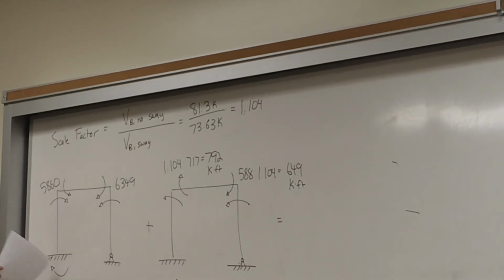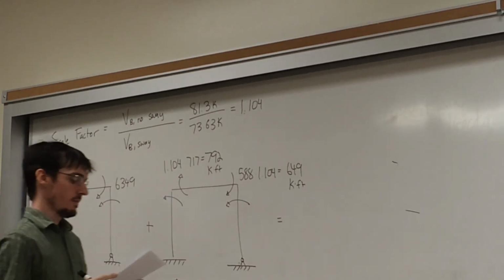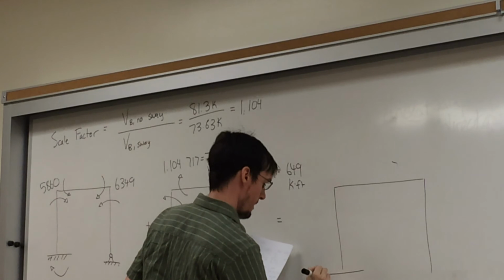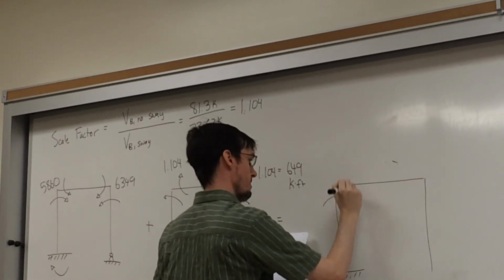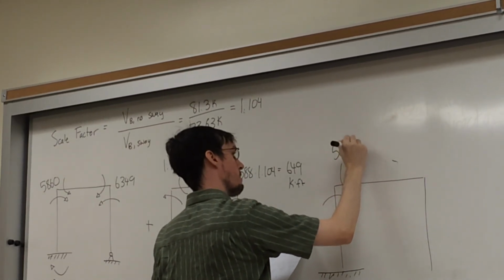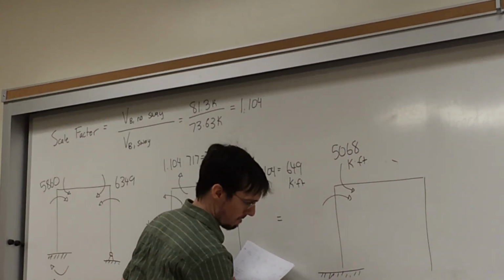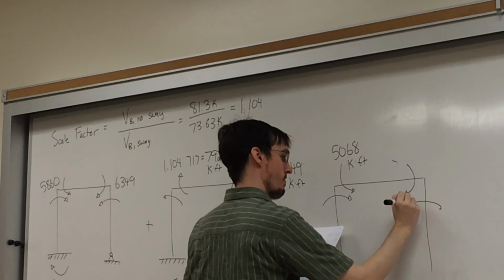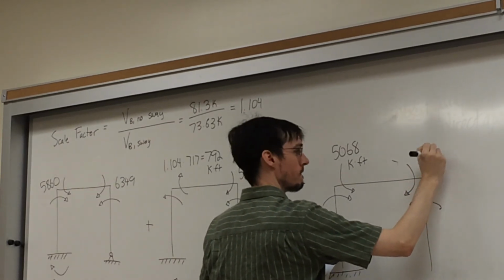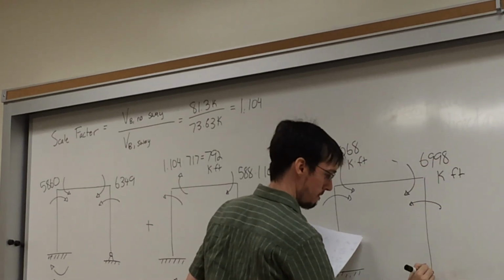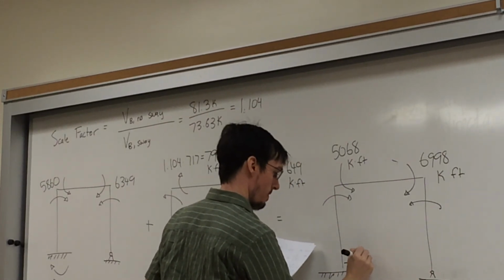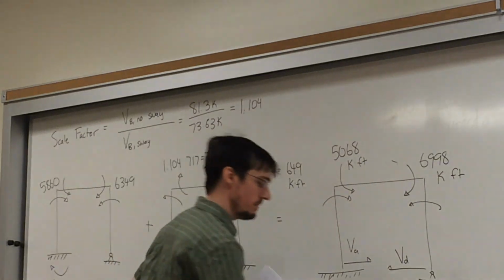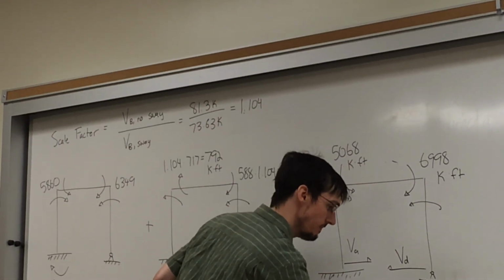So I just take these two systems now, and I add the moments at each of the joints together. Solve for VA and VD, and you will find that they're actually equal and opposite this time, which is what we wanted.